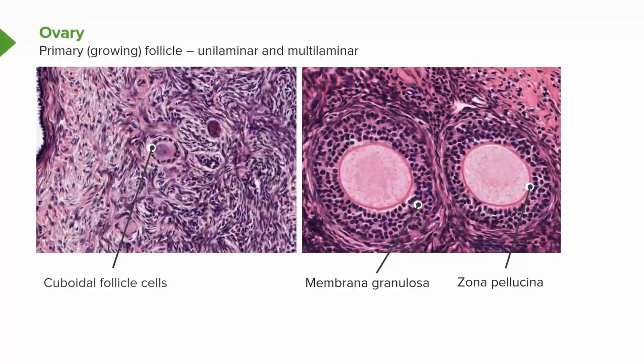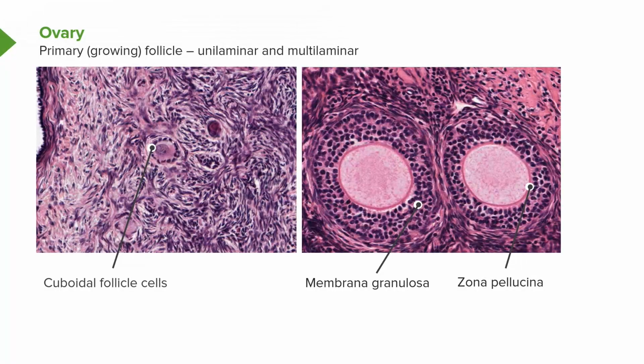It's a very important structure that protects the oocyte, but it also has some very important proteins within it. One of them is the attachment protein for sperm. When sperm finally try to fertilize the egg, they attach to these proteins on the surface.